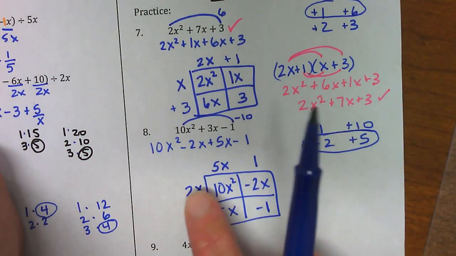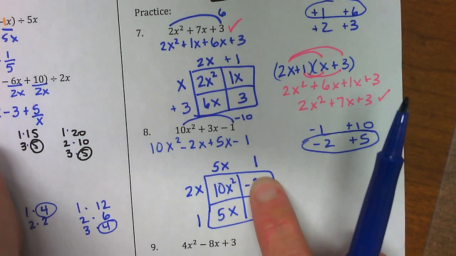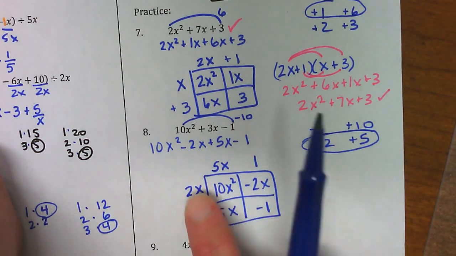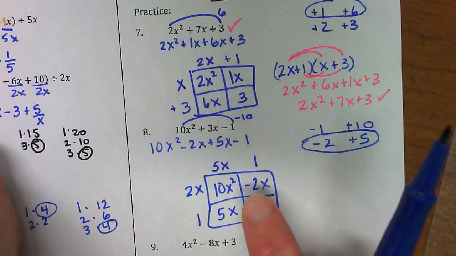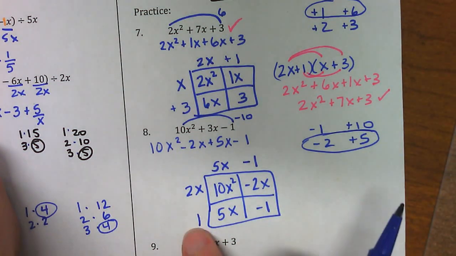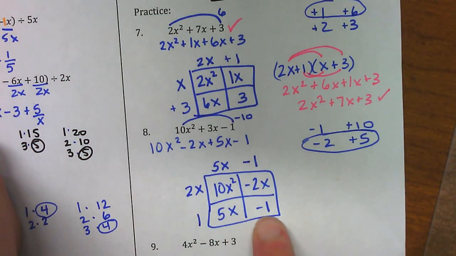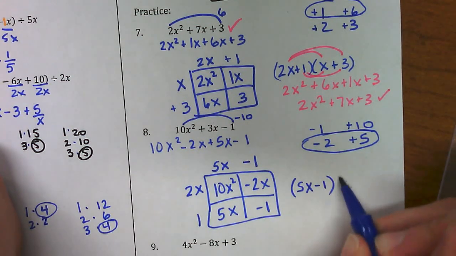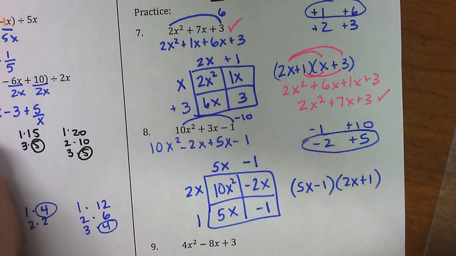This box should be this one and this one, but I'm not getting the right number. 2 times 1 is positive 2, and this says negative 2. So that means this 1 was supposed to be a negative. And then 1 times negative 1 is negative 1, and I'm good. So my factors are 5x minus 1 and 2x plus 1.